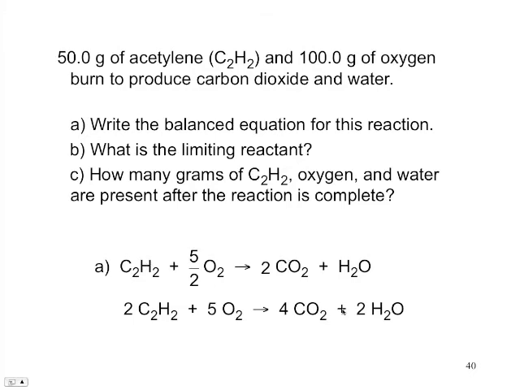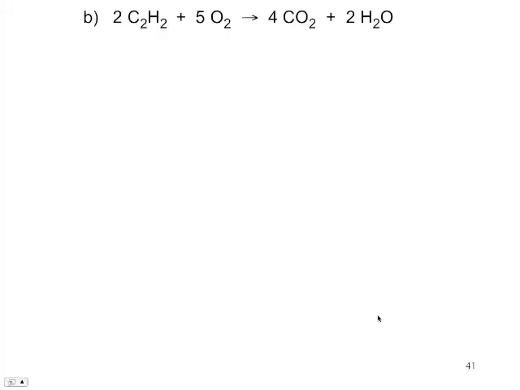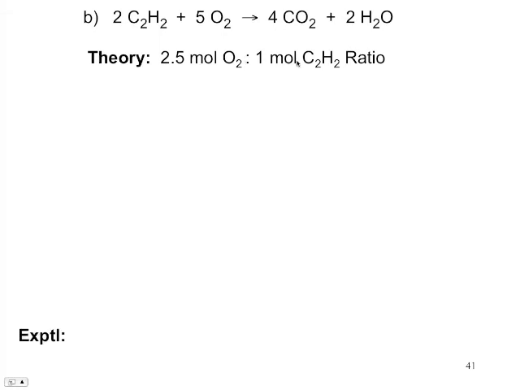So we just multiply everything by 2, and we've kept the number ratios constant in our chemical equation. All right, so we've already stated that in our recipe, right, a 5 to 2 mole ratio is 2.5 to 1 oxygen to acetylene. Now, what we need to do is figure out our experimental mole ratio.